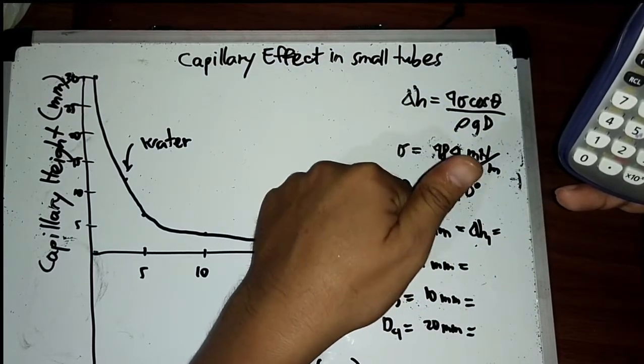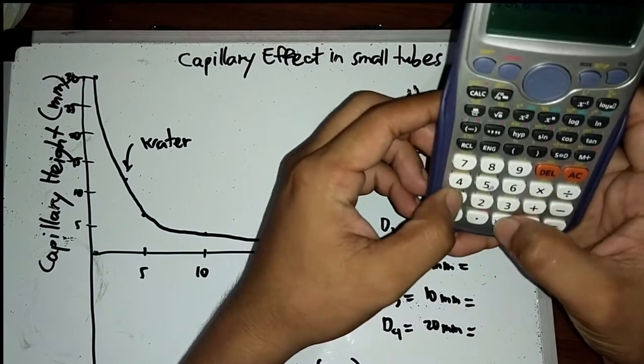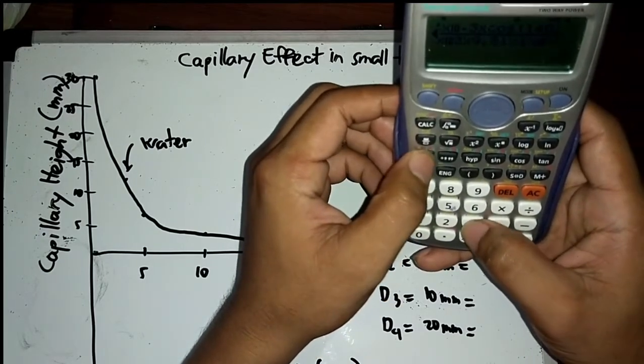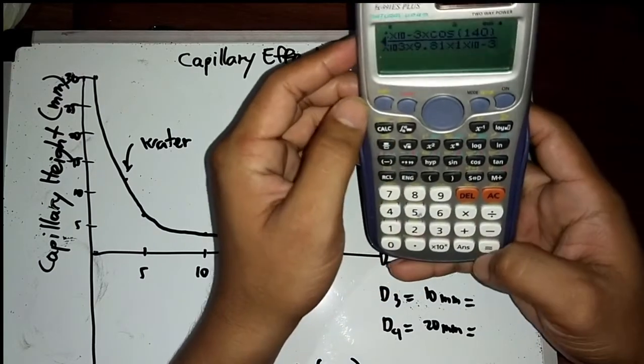We will use 1 mm, so 1 times 10 to the negative 3, converting that into meter.